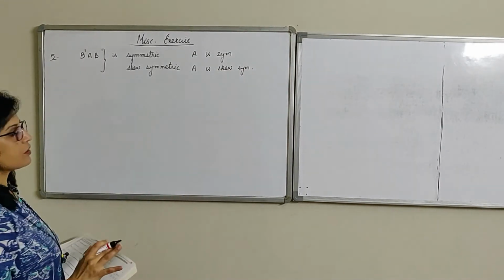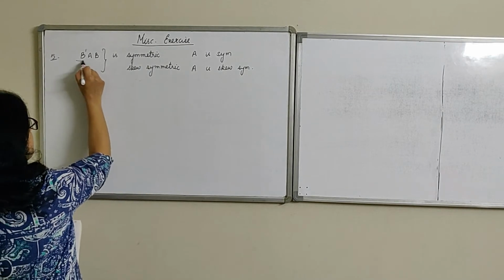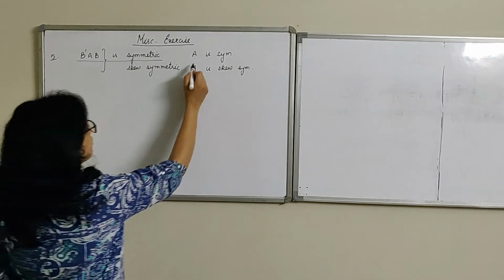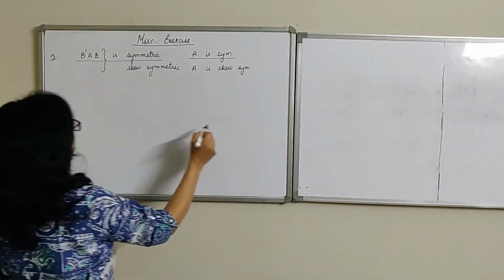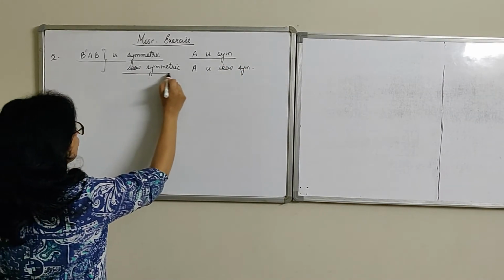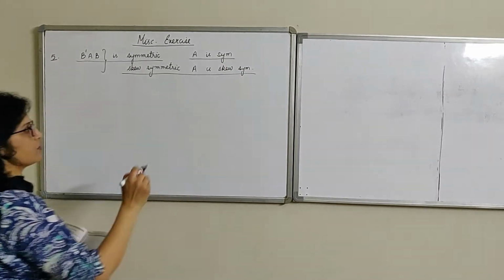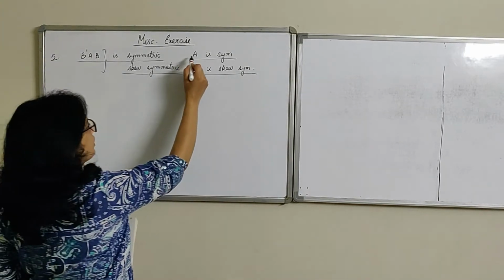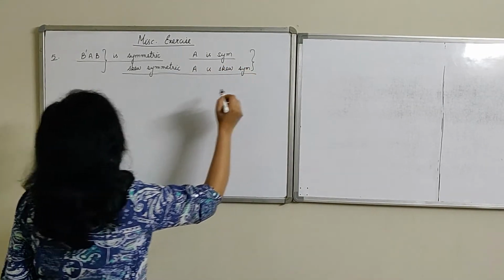So in simple words, we have to show that this is a symmetric matrix if A is symmetric. Likewise, it is a skew symmetric matrix if A is a skew symmetric matrix. So this information is given to us.